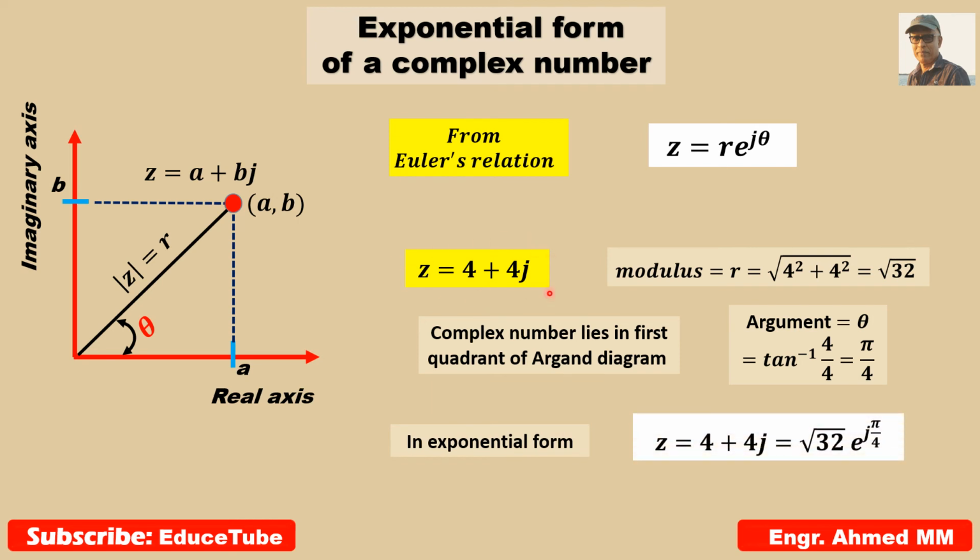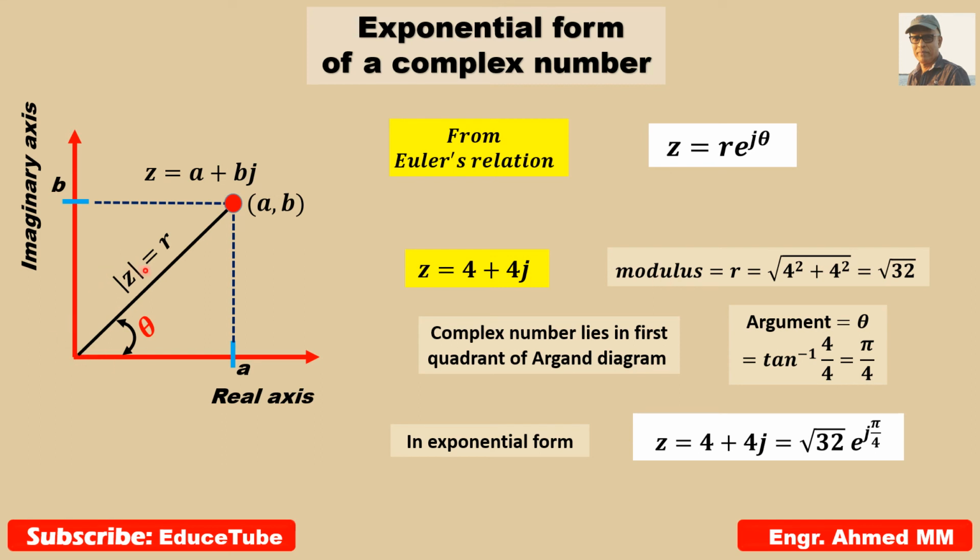This is the complex number. Now what is the modulus? To get r, we use the Pythagoras theorem for this right angle triangle: a square plus b square equals r square. So r equals the square root of 4 square plus 4 square, which is the square root of 32. This is the modulus.